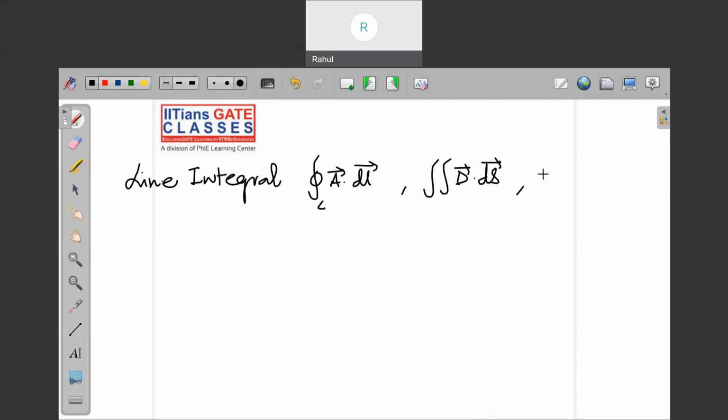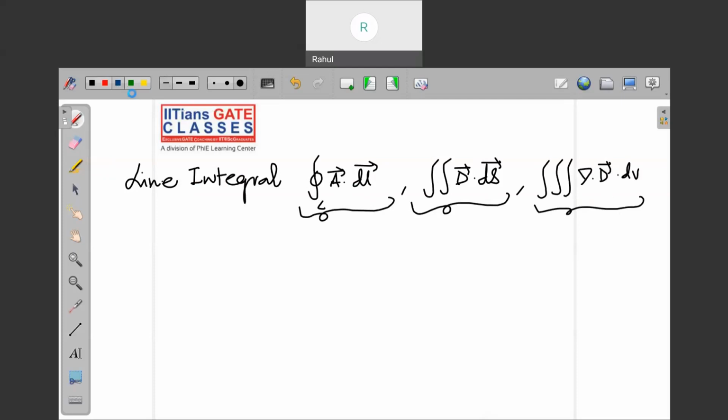And the volume integral, divergence of D dv. So this is your volume integral, this is your surface, and this is your line integral.